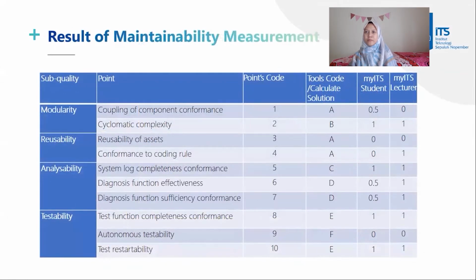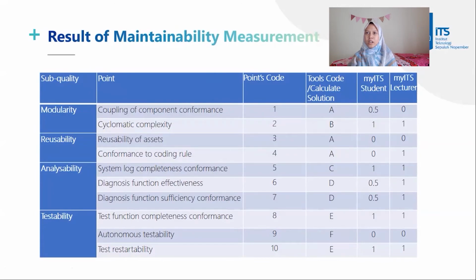Here's the result of the maintainability measurement. In the coupling of component conformance point, myITS student gets a higher score than myITS lecturer. It means classes in myITS student are more independent than classes in myITS lecturer. myITS lecturer has higher conformance to coding rules than myITS student. This is because classes in myITS lecturer don't have any mistakes after checking the style of the source code.